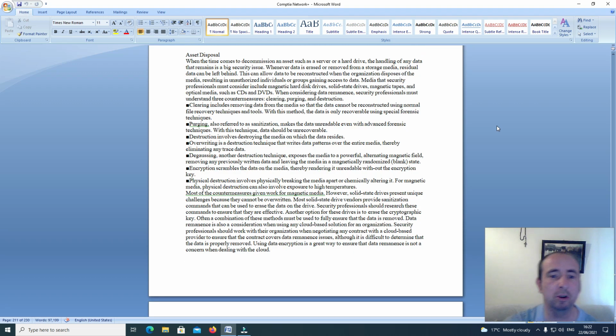Asset disposal. When the time comes to decommission an asset such as a server or a hard drive, the handling of any data that remains is a big security issue. Whenever the data is erased or removed from a storage media, residual data can be left behind. This can allow data to be reconstructed when the organization disposes of the media, resulting in unauthorized individuals or groups gaining access to data.